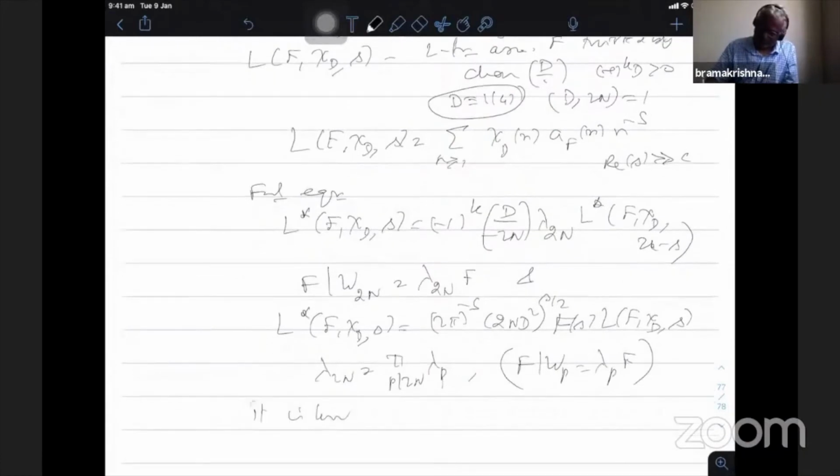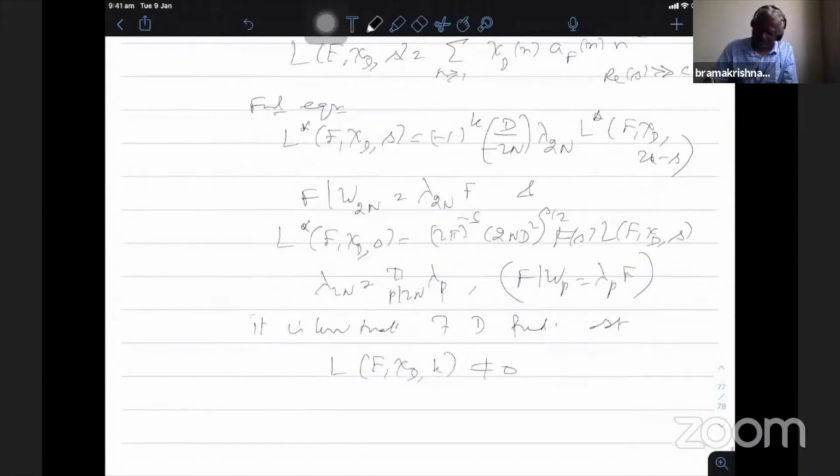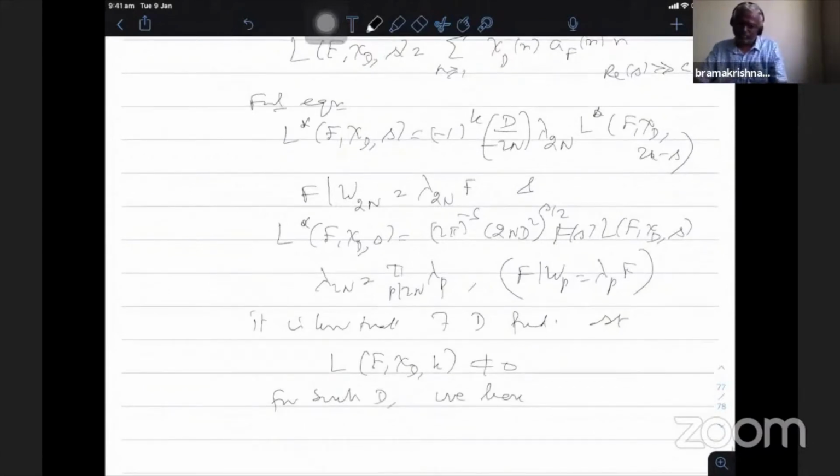These are all the eigenvalues of the W operators for all the primes dividing 2n, that is exactly λ_2n. It is known that there is a fundamental discriminant D such that L(F, χ_D, k) at the center is non-zero. Therefore, for such D, once I substitute s equal to k, both sides are the same. This L* is non-zero.